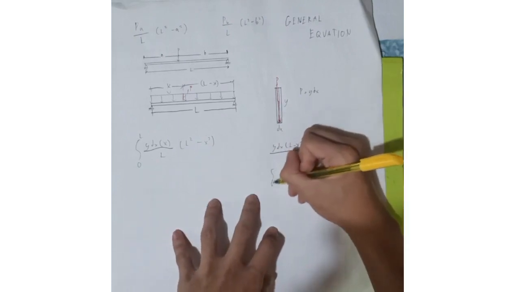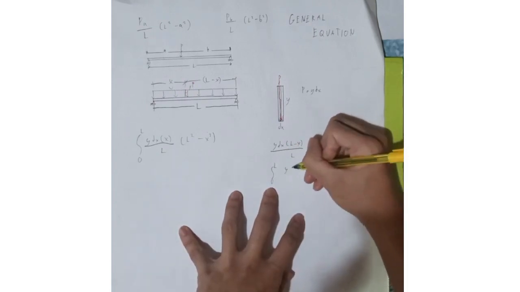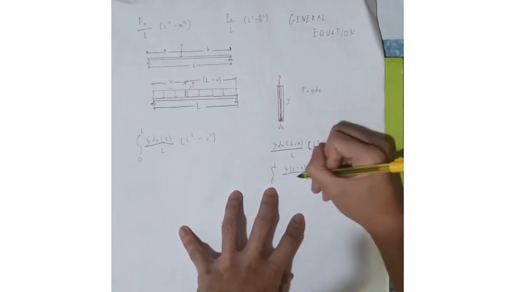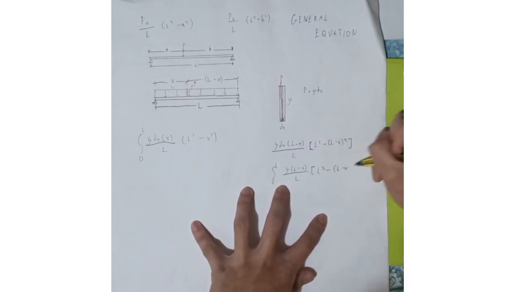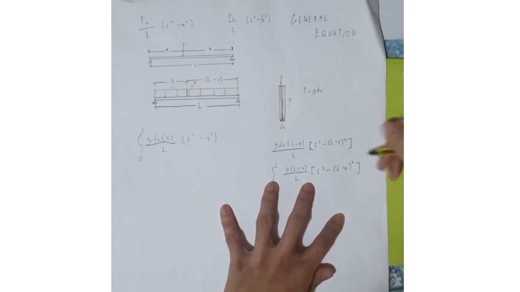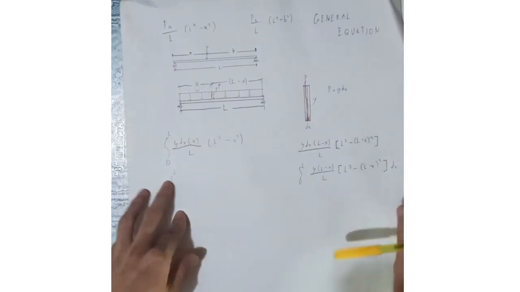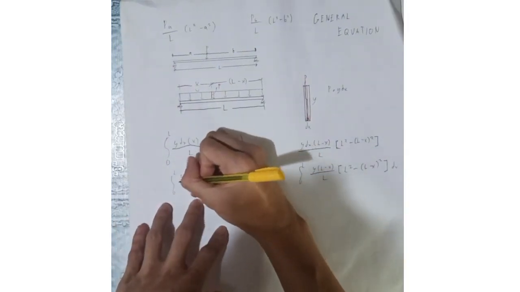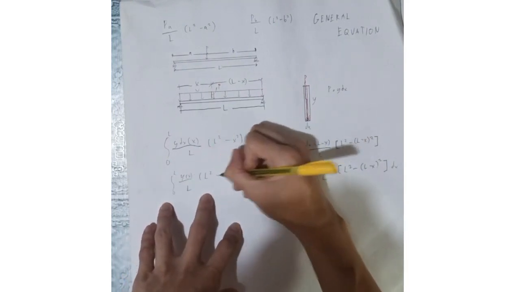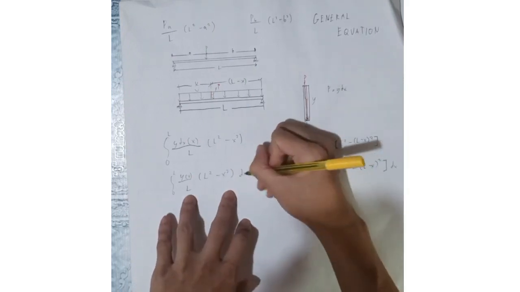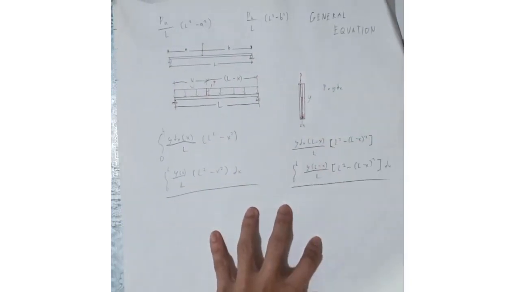For the final one, we simplify it: y times L minus x over L times L squared minus L minus x squared dx. Same here, we get y x over L times L squared minus x squared dx. This equation can be used for all types of loading.